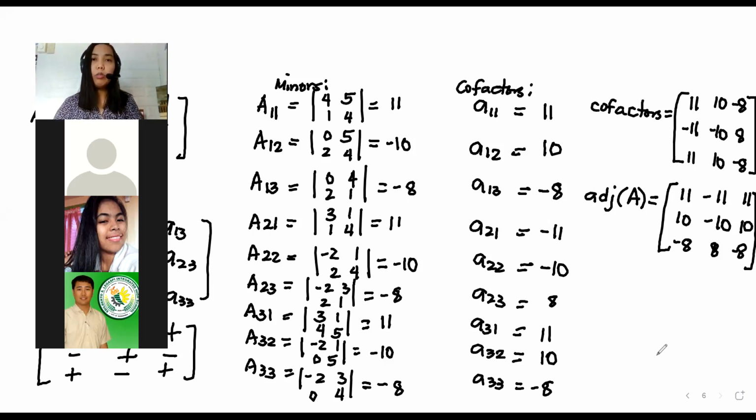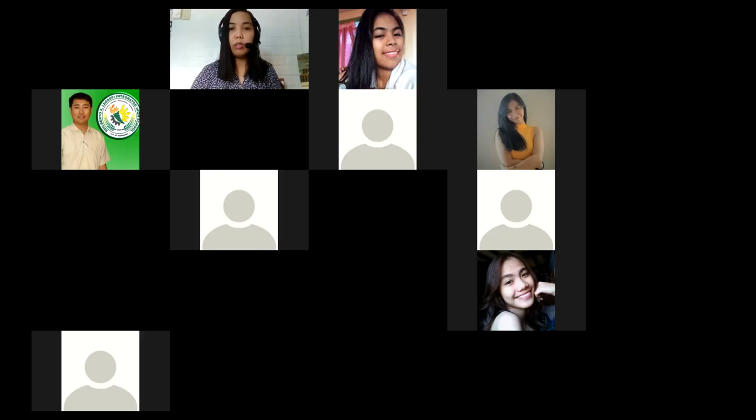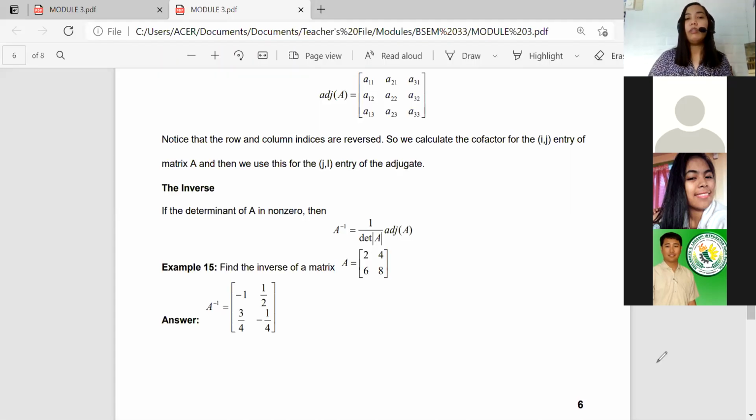Next. Magkakadugtong yung mga topics sa dulo. Inverse. If the determinant of A is non-zero, then we can get the inverse since it's non-zero.